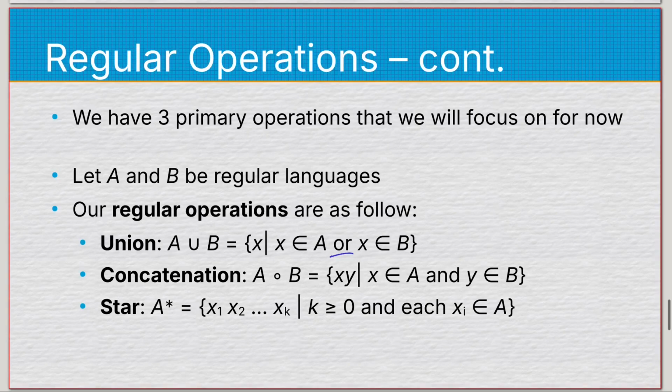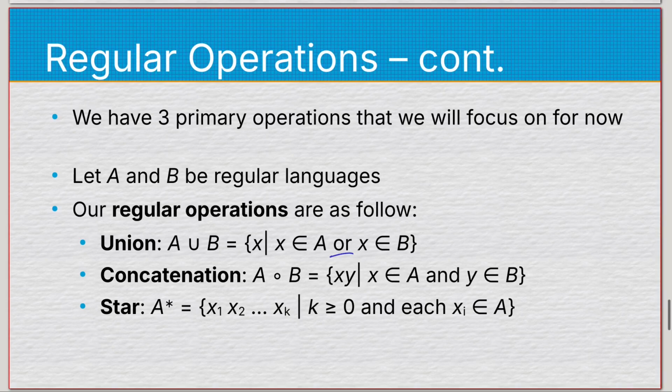Star is probably pretty new, and it exists as a unary operation that is any number of repeated patterns of that language. And that could be zero, it could just be empty. So A star could be no instances of A, 1 instance of A, 36 instances of A, 795 instances, it doesn't matter.